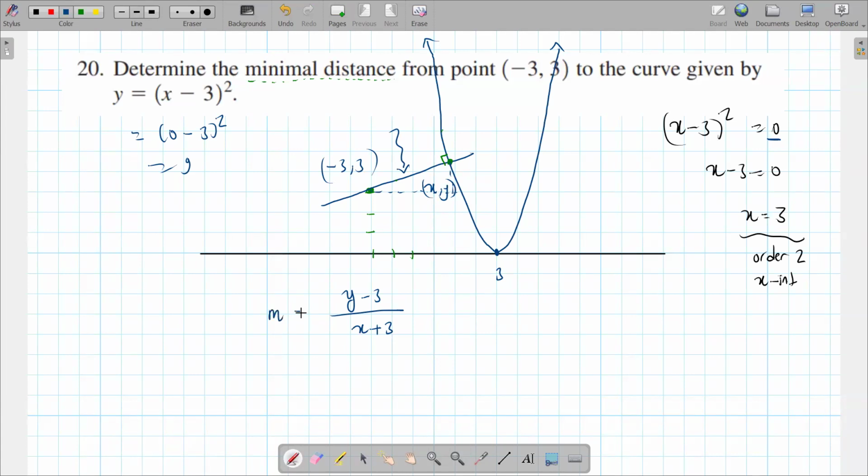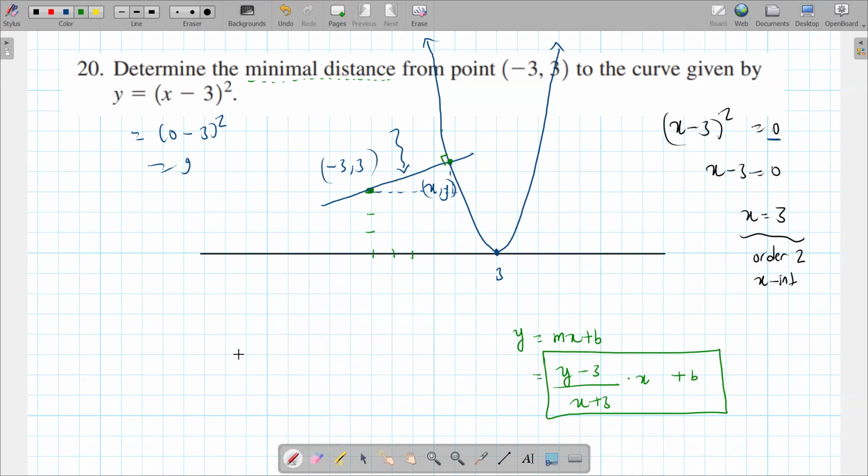I'm going to call this M. So let's come up with the equation for this line. That is going to be y equals mx plus b. So it'll be y minus 3 over x plus 3 times x plus b. That's the equation of that line. Cool? Actually, I'm going to use different letters because now I'm confusing myself.